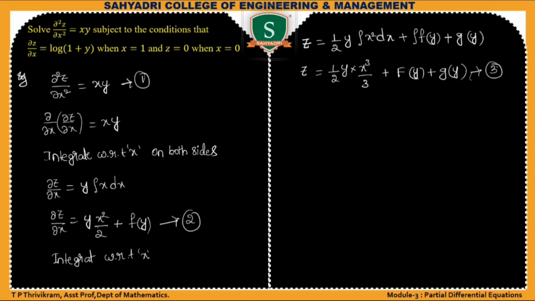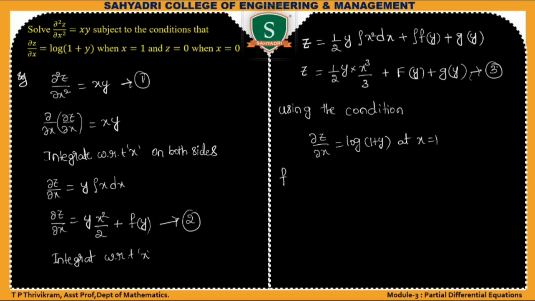Okay, so using the given condition, using the condition dou z by dou x is equal to log of 1 plus y at x equal to 1. Okay, so substitute x equal to 1 in equation 2.